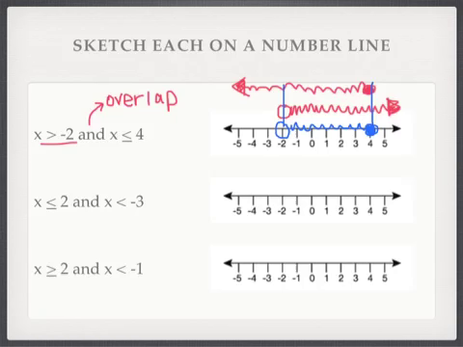Okay? All right, so for the next one, x is less than or equal to 2 would be a closed circle here. And x is less than negative 3 would be an open circle here and shade to the left. So see, if you had assumed that you were just shading between 2 and negative 3, you would be wrong. Where's the overlap?